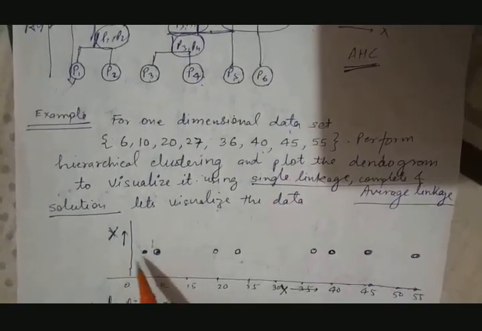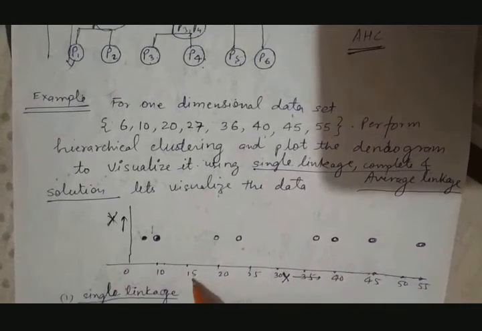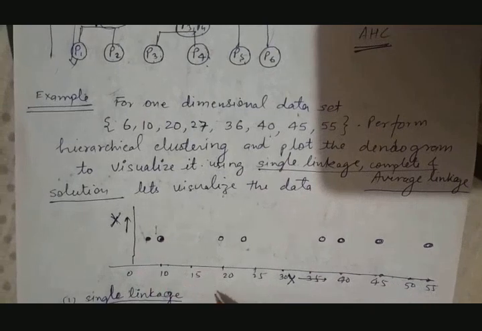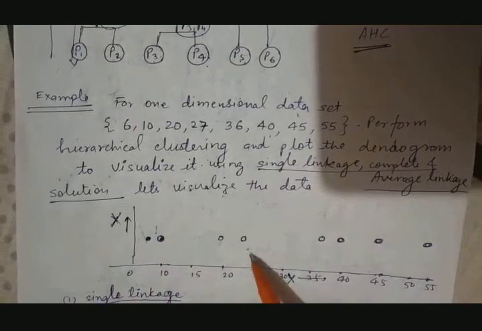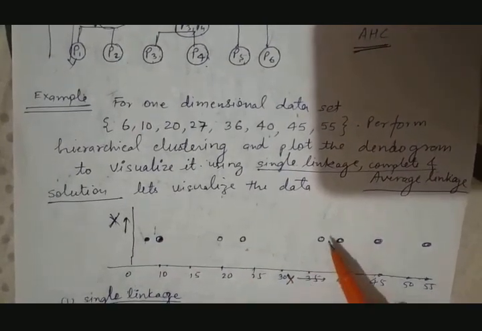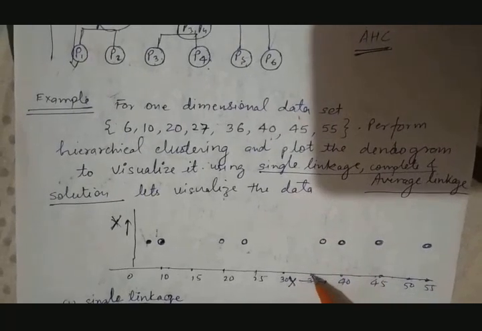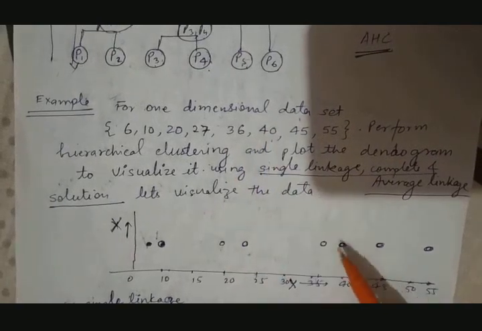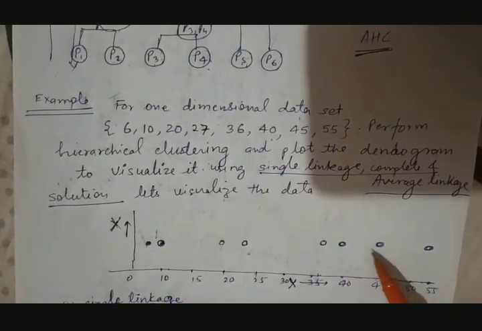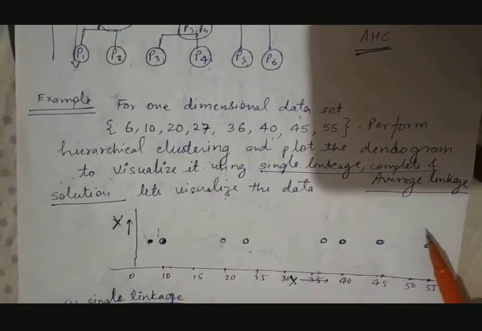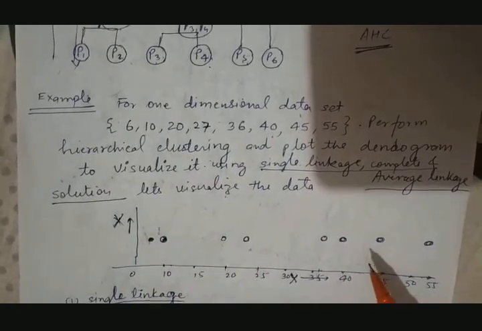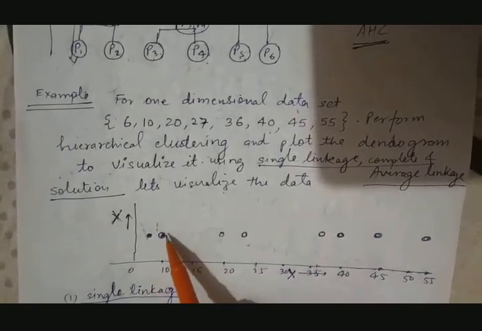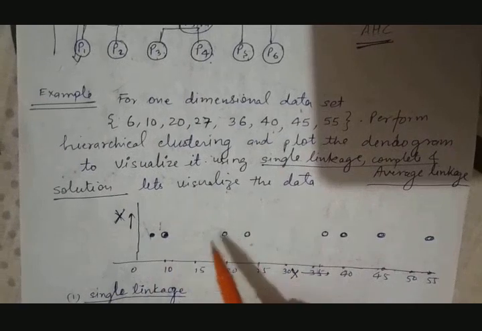Now just see here, if this single dimensional data is visualized, the first data point is 6, then 10, then 20, then 27, then 35 and 36, then 40. See how this is represented in the single dimensional plot. These data points are very near to each other, so they will come into the same cluster.